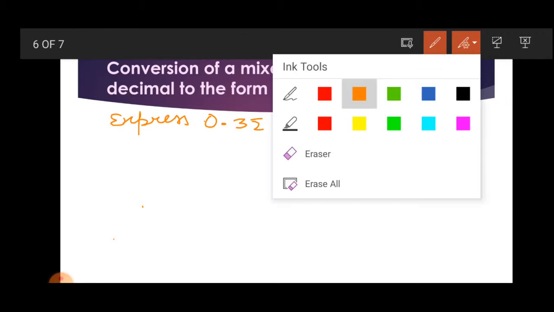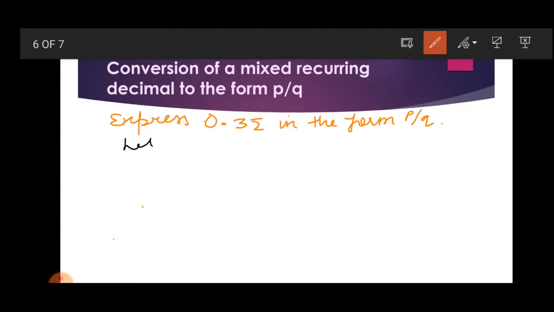Let x is equal to 0.32 bar. Clearly there is just one digit on the right side of the decimal point which is without bar. Here 3 is without bar, so we multiply both sides of x by 10.